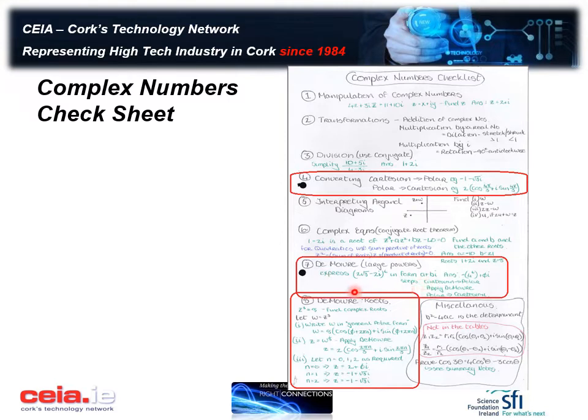So the example I have here is 2 root 3 minus 2i to the power of 6. And then finally, using the Moivre to find complex roots. Okay. So let's get started, and we'll take a look at conversion from Cartesian to polar form.